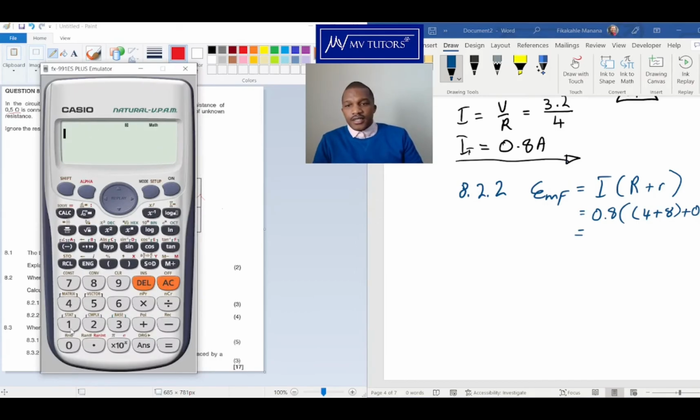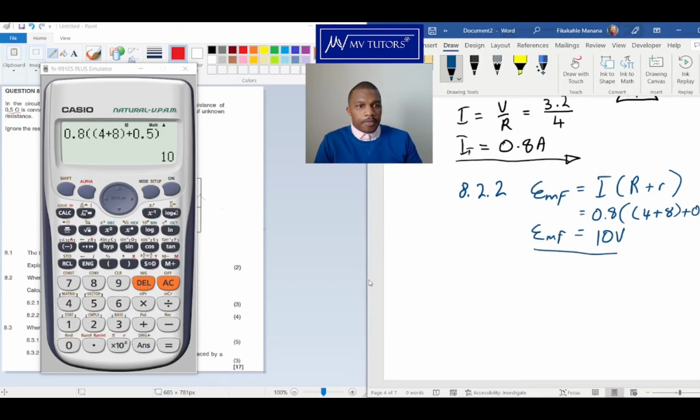Okay, then that's what we're going to put in our calculator. Let's do that. So it's 0.8. Then I've got two brackets. This one has 4 plus 8, close that one, and then plus 0.5, close that one, get 10. So my EMF is 10 volts.